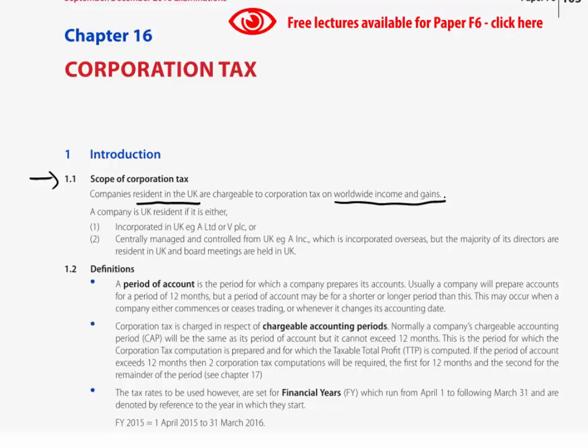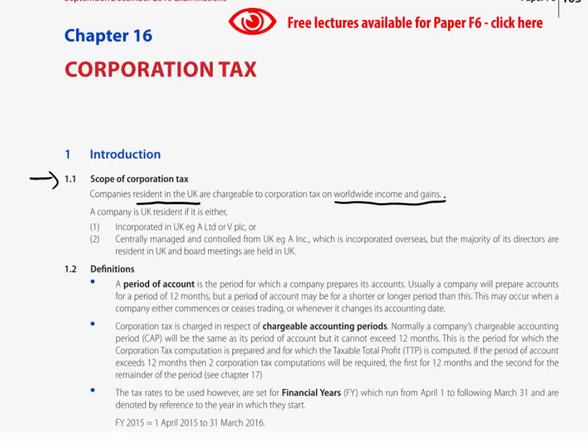Now, so far as our F6 syllabus is concerned, we don't have an issue here about overseas aspects. We've only got to look at our UK profits that arise. At P6, advanced taxation, should you choose to go on to do it, lots of lovely overseas aspects of personal and corporate taxes come into play there. But a UK resident company will be chargeable to corporation tax on its worldwide income and gains.